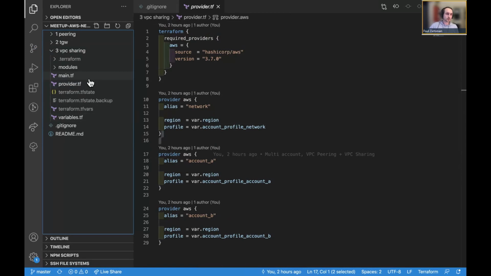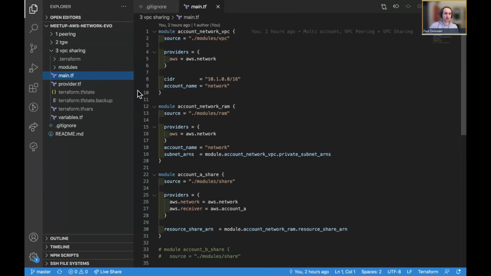Then I've just got a main over here, and then I've got a module to spin up a VPC. And into my module, I pass in which provider, and I override the default AWS provider for that module. So modules inherit the main provider for Terraform.